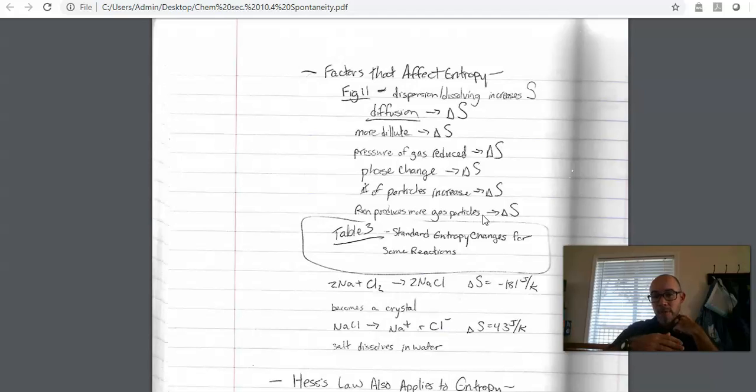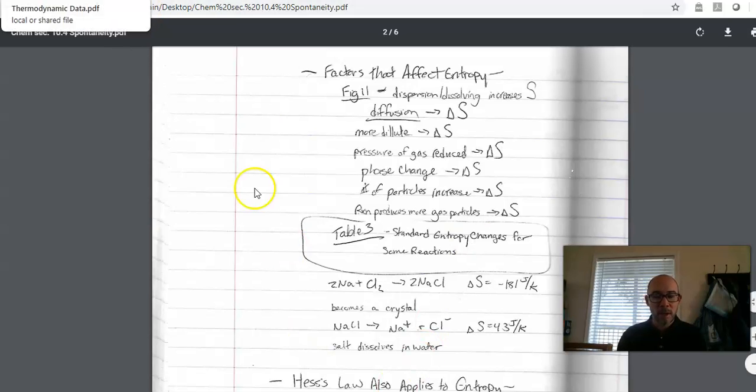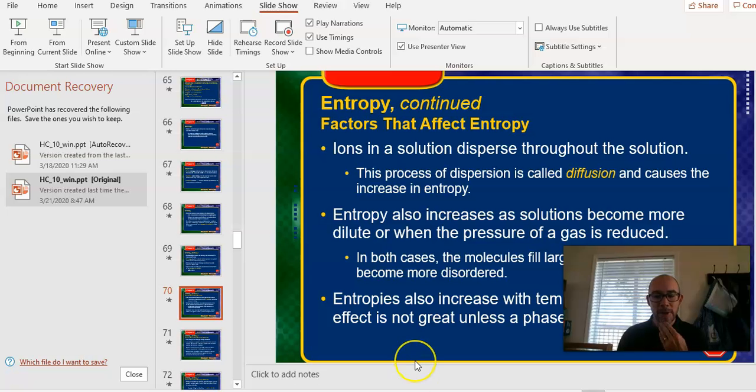So if we go up the scale of states of matter, we'll get higher amounts of entropy. If you look at the top of 359, you get a table there of standard entropy changes for some reactions, and I think I also have that on the PowerPoint here.